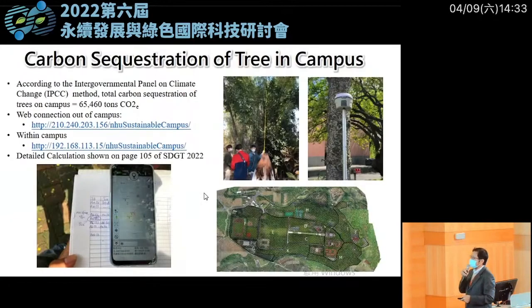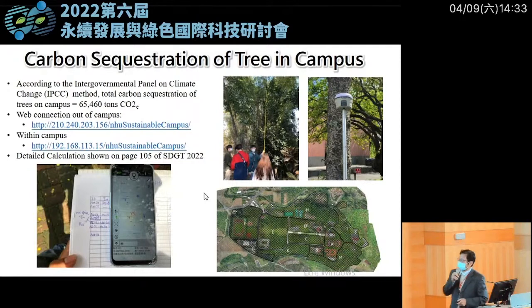You can see, in fact, we are using a UAV to fly over our whole campus. Then in the spatial data, we check the position, the parameters, the height, we check everything.